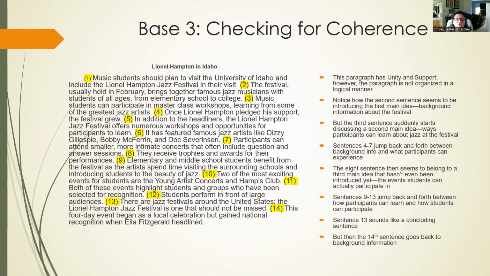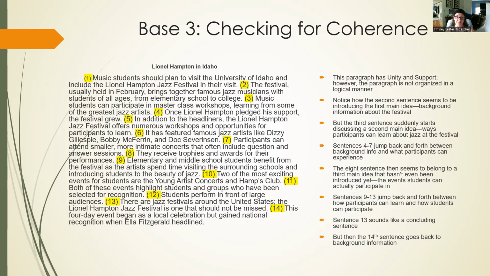This seems to be something a little more active, receiving trophies and awards for their performances. Is it the students receiving awards and trophies, or the famous jazz artists? It's very confusing, but it does seem to at least be separate from the background information main idea and the how you can learn main idea.